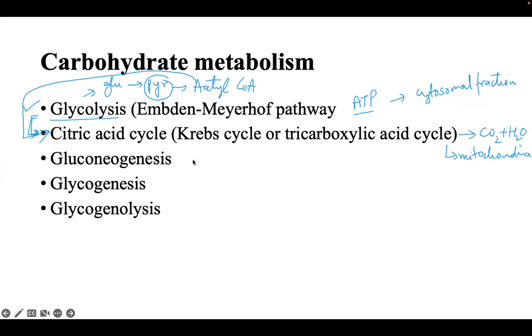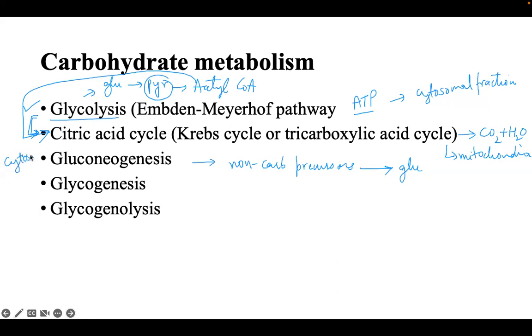Now, let's talk about gluconeogenesis. Gluconeogenesis is basically the process of synthesis of glucose from non-carbohydrate precursors. If we have non-carbohydrate precursors, such as amino acids or glycerol, and glucose is formed from them, that process is known as gluconeogenesis.